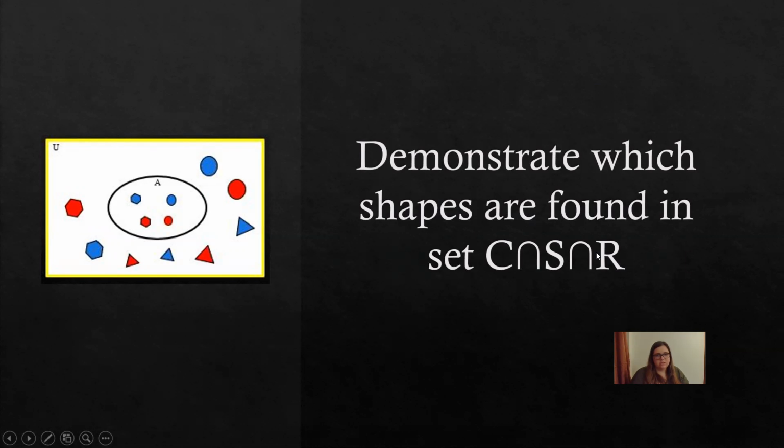Okay, so this is a little complicated. You have C and S and R. Circles and small and red. So red, small circles. So right here. It's that one.